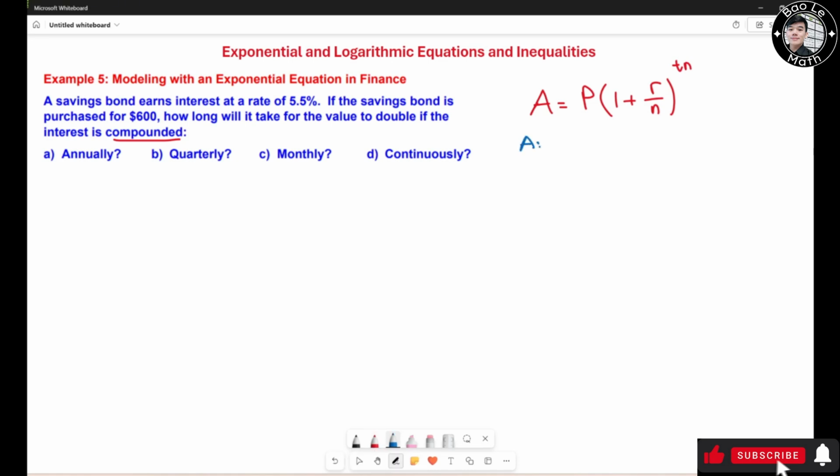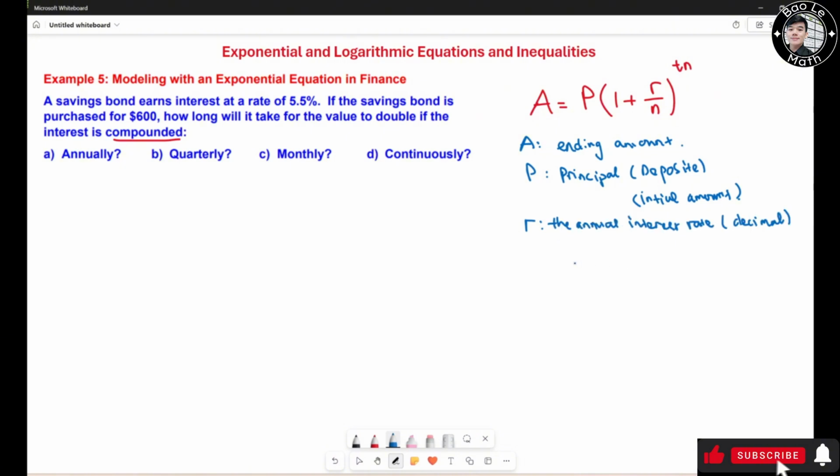Now A is the balance or ending amount. P is the principal or the deposit or the initial amount. r is the annual interest rate and will be expressed as a decimal. n is the number of times interest is compounded per year. And t is the time in years.